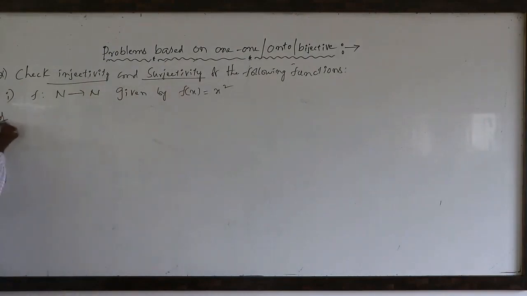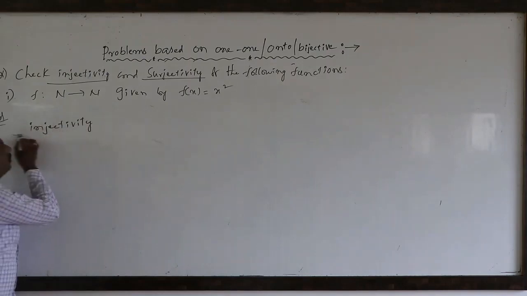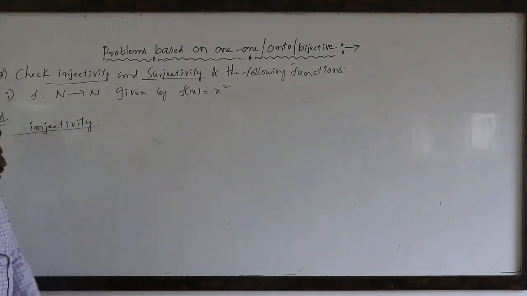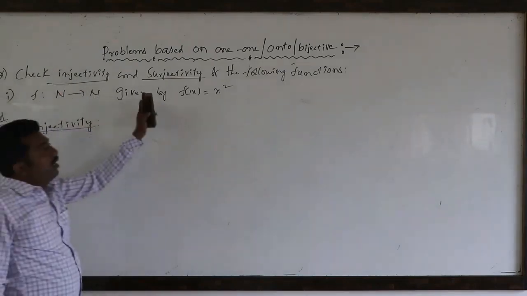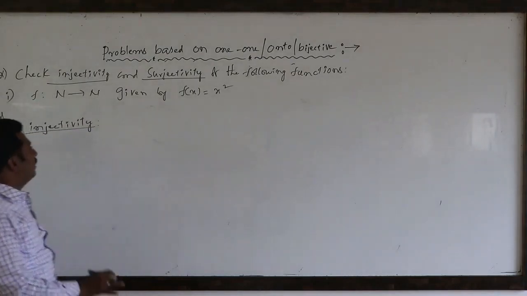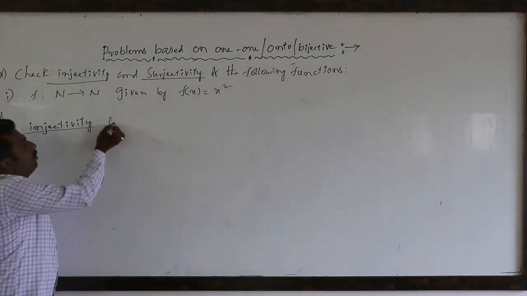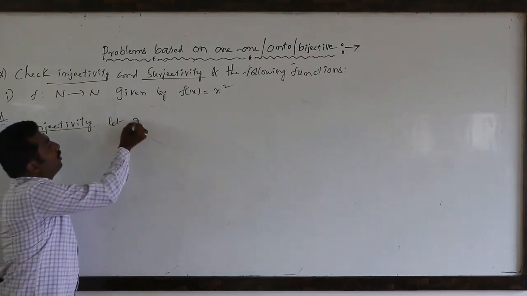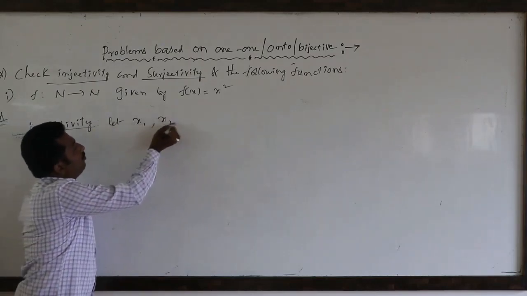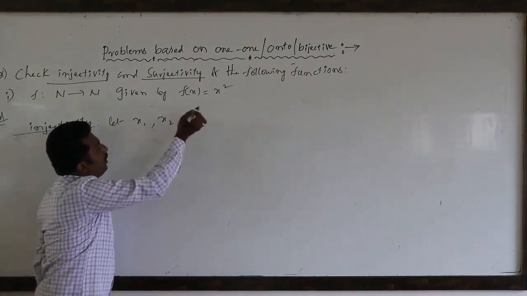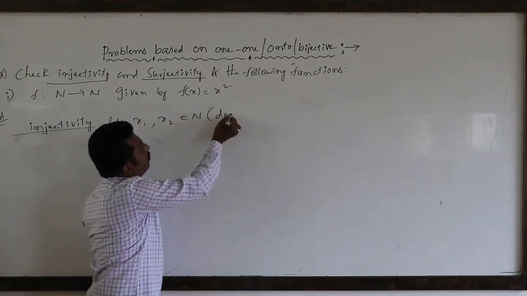See here. First, injectivity. Whether this function is injective or not. So what is the procedure? Distinct elements of the domain having distinct images means that is the 1-1 function procedure. For that purpose, suppose x1, x2 belong to the domain, two random elements we have to consider.